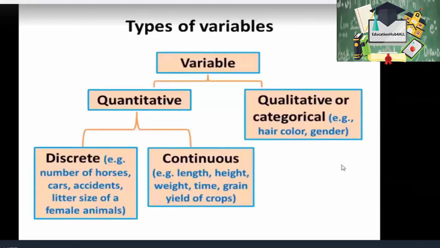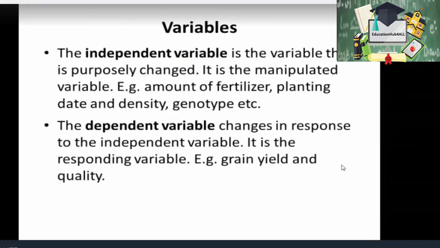For the quantitative, if we talk about the distribution, some distributions are discrete. Some distributions are continuous. So there are different kinds of random variables. Some variables are independent.